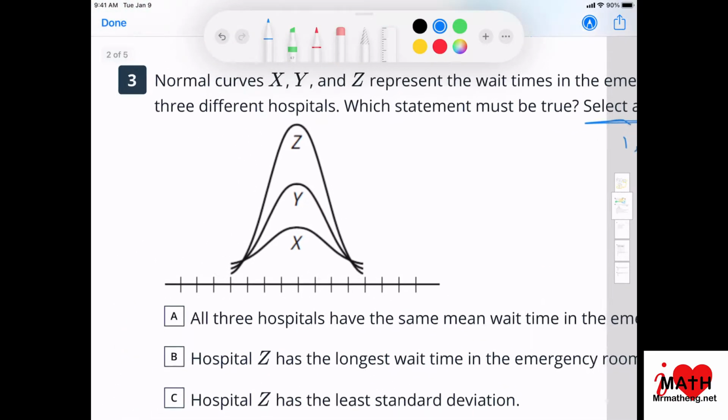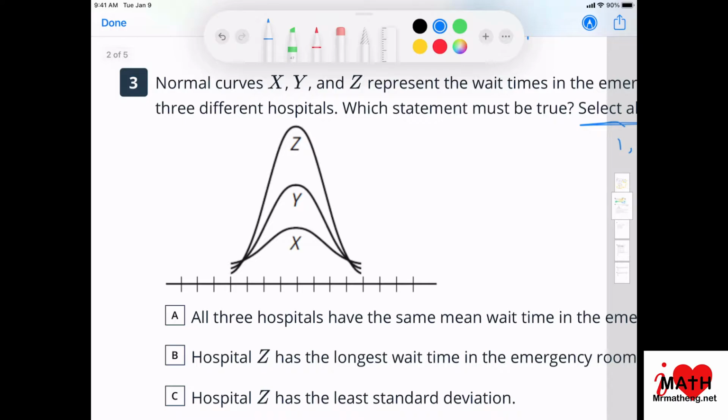Let's talk about these curves here. Let me see if I can color code them for you, and this might help. Okay, X is here. And if you think about X, what's just going to happen is it continues on, and it keeps spreading out there. Y is the middle one.